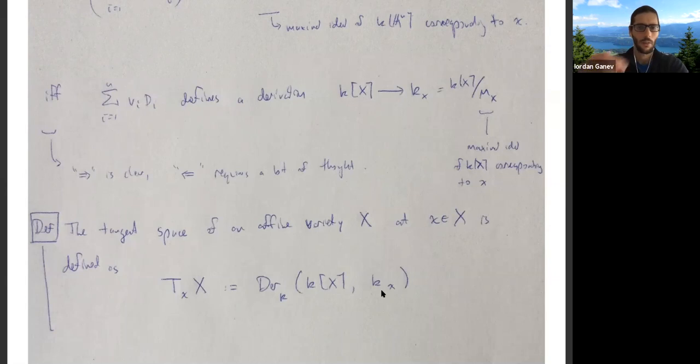The heuristic that I outlined was thinking about X as embedded inside of some A^n, which we can always do for an affine variety. But this definition is just in terms of the affine algebra, so it's an intrinsic definition for the tangent space.